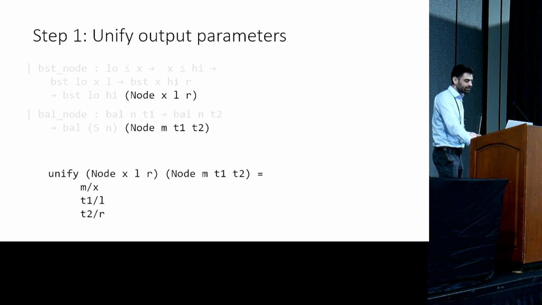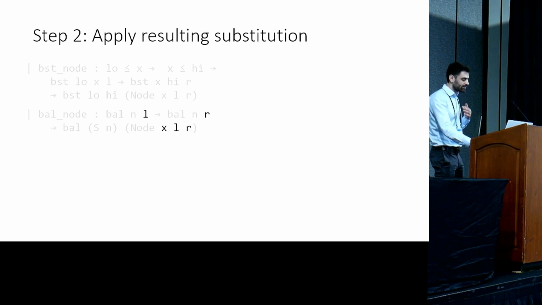Here there is. We can substitute M for X, T1 for L, and T2 for R. So these two constructors can create elements parameterized by the same tree. And then next our algorithm will substitute those variables so that the constructors are now written with exactly the same output value there.